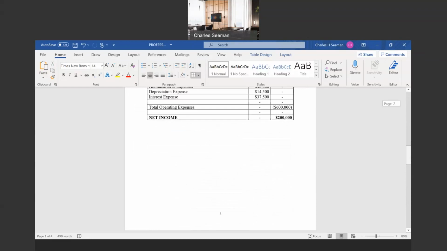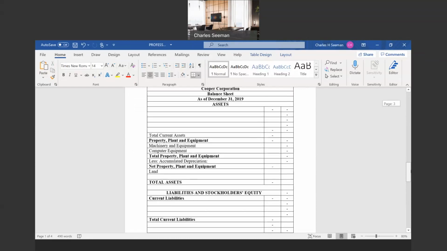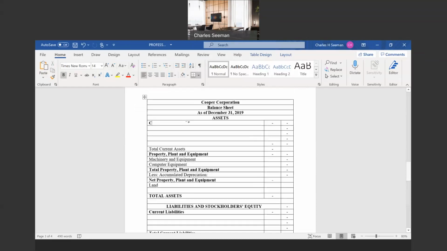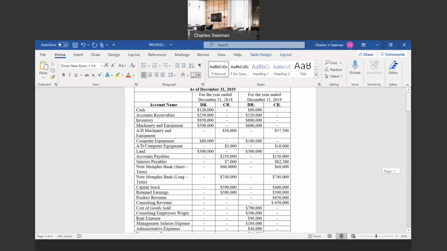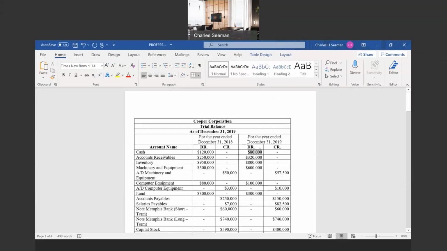So cash obviously is cash. First, you need a caption called current assets. And then you start listing them. First one is cash. I go up to my trial balance. My cash balance is 80,000. I want to use the 2019 numbers. It's 80,000.